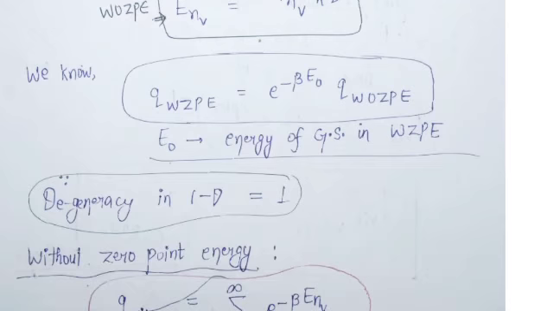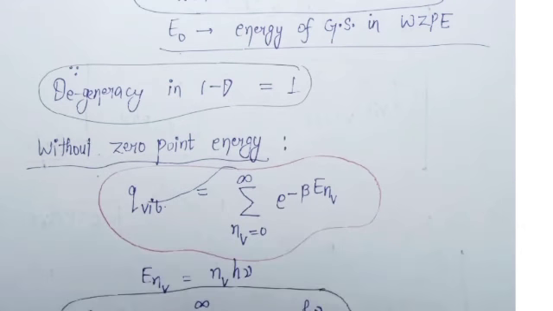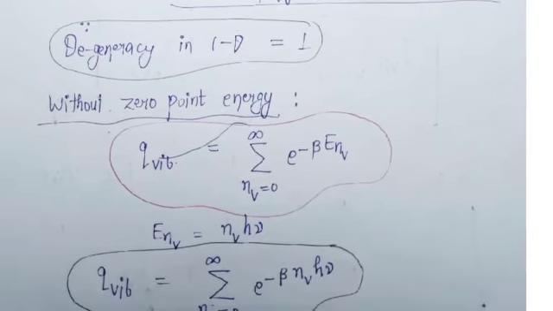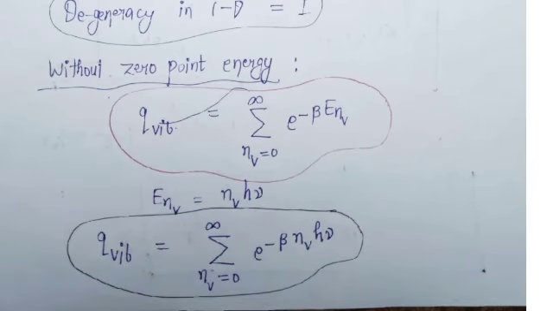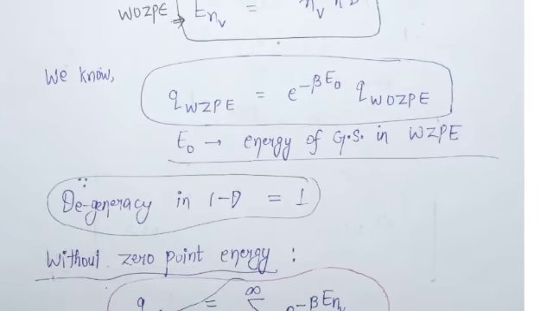Now we are going to find out, one more thing: in order to find the partition function with zero point energy, QWZPE, if we have the partition function without zero point energy, then we can directly get the partition function with zero point energy by using this expression.